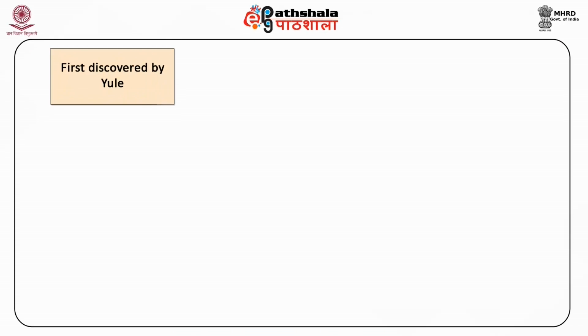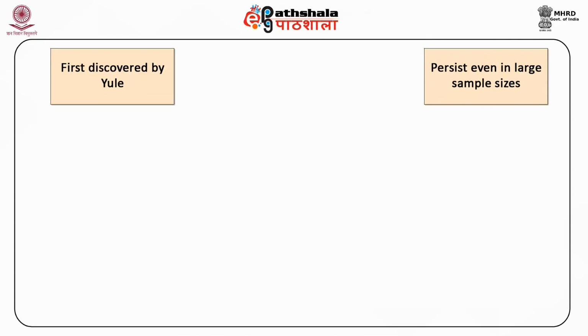It was first discovered by Yule, and according to him, the spurious regression could persist in non-stationary series even when we take large sample sizes. One of the ways to judge spurious regression is through the Durbin-Watson test.